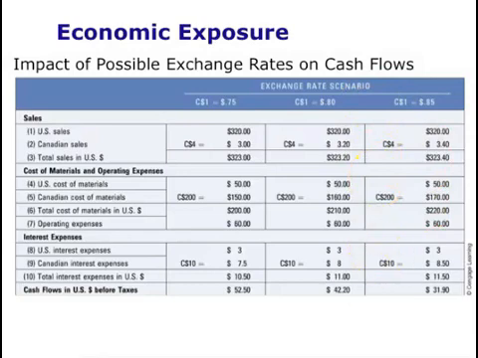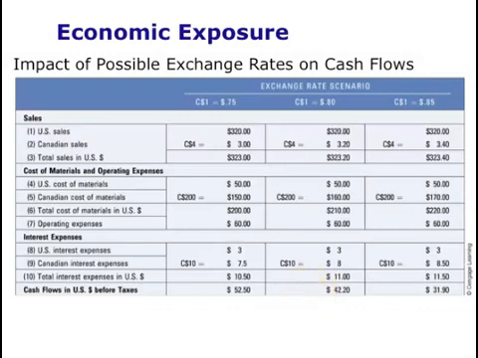So what can we get from this table? A general conclusion from this example is that firms with more foreign costs than foreign revenue will be negatively affected by a stronger foreign currency.